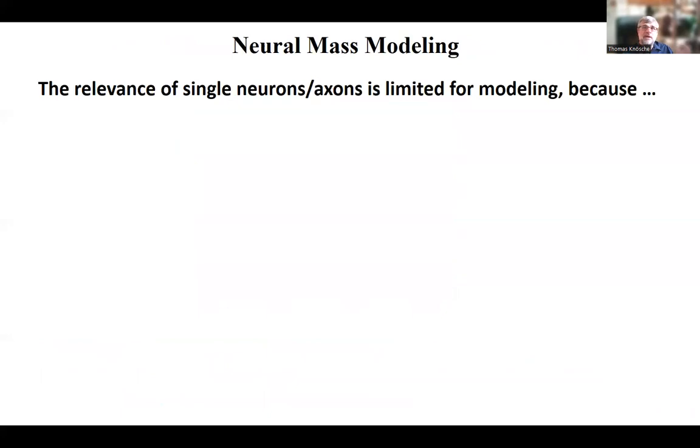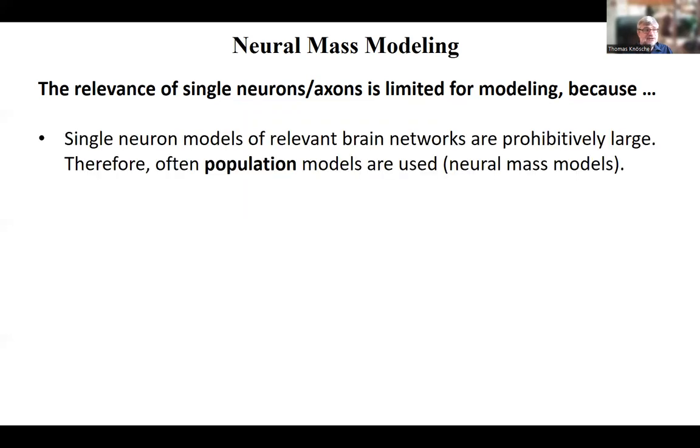So we have now a very simple, efficient, yet quite accurate model for single axons. And this we can use to effectively treat a large number of axons, which is relevant because modeling single axons and neurons is quite limited for several reasons. First of all, it's a computational power issue.